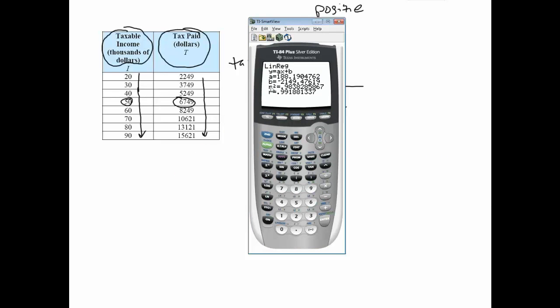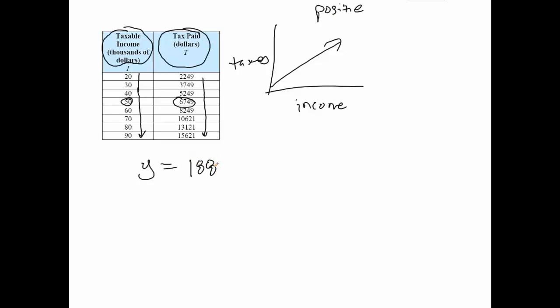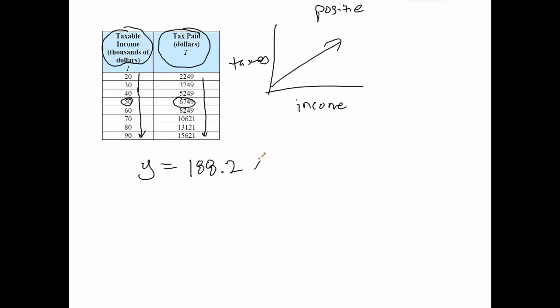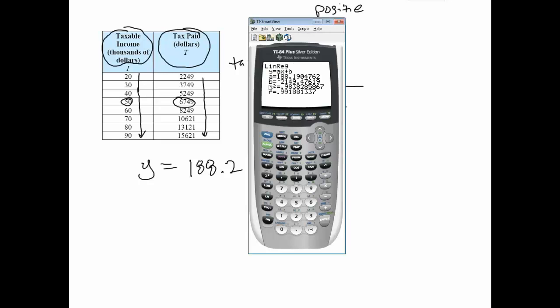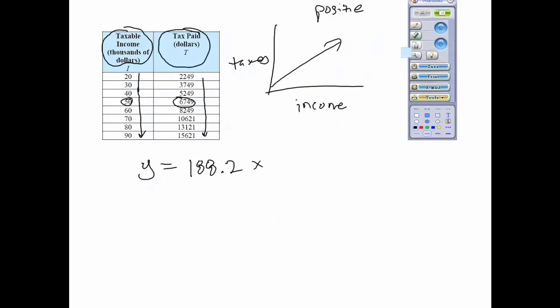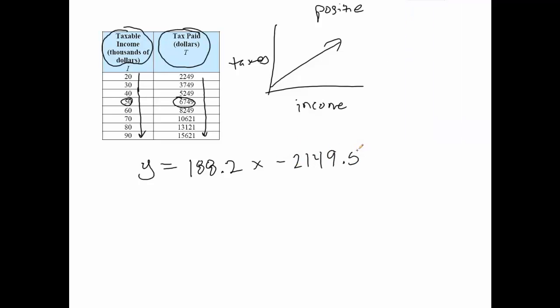So let's just copy this down first. y equals a, which in this case is its estimate of a, 188.19, so we'll just do 188.2, times x plus b. Well, b is negative 2149.5, so I could just do minus 2149.5, and that gives me some information.